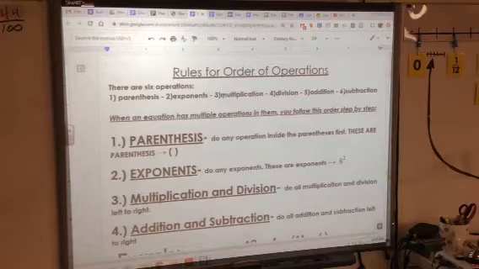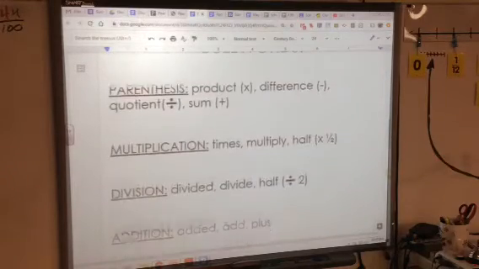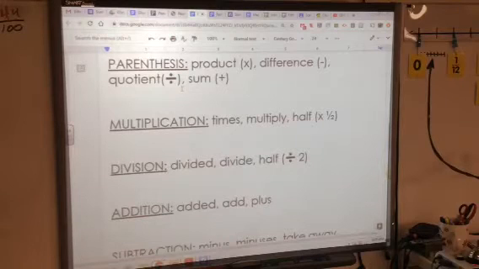Now, when we're thinking of word phrases and turning them into expressions and solving, there are some clear differences between the words they use that indicate parentheses and the words that indicate just using whatever operation we have.